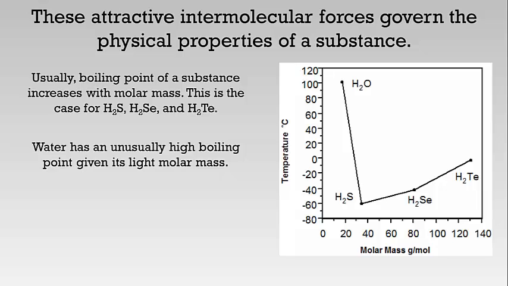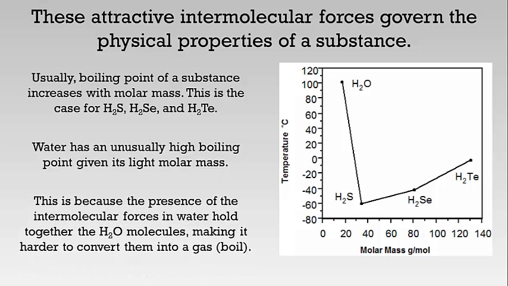It boils way hotter than any of the other examples, and yet it is the lightest of all of those examples. This is because the intermolecular forces in water are going to hold those water molecules together. It makes it even harder to separate those molecules and get them far enough from each other that they're able to convert into a gas, which is all that boiling is.